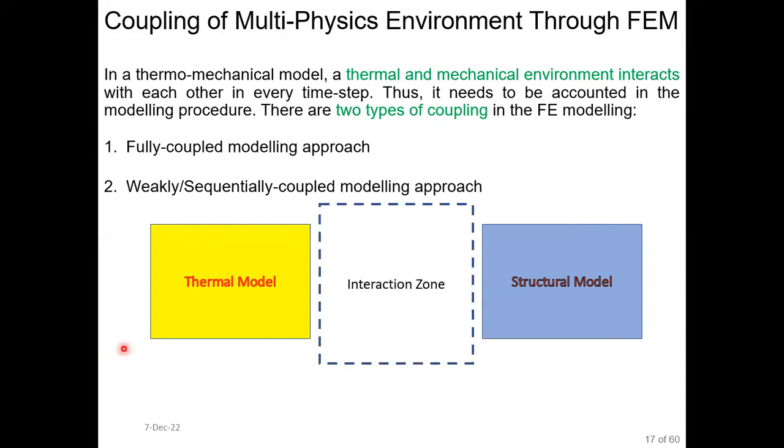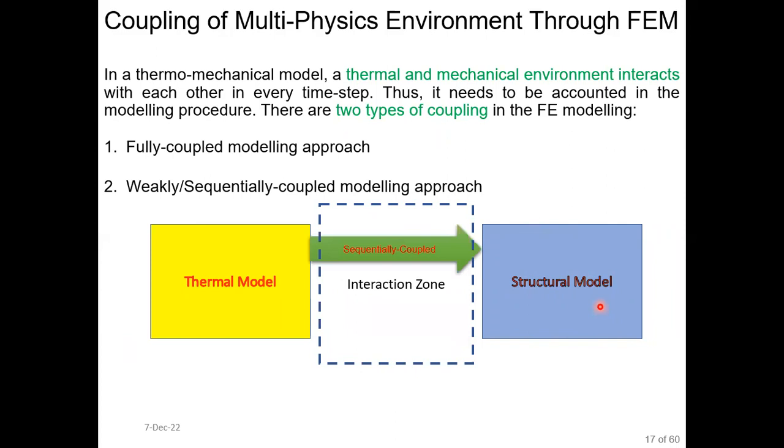So we have this thermal model and structural model, and then we have an interaction zone. The first type of coupling is fully coupled, in which for every time step, the thermal and structural models are solved simultaneously. After that, it goes into the second step and further steps.